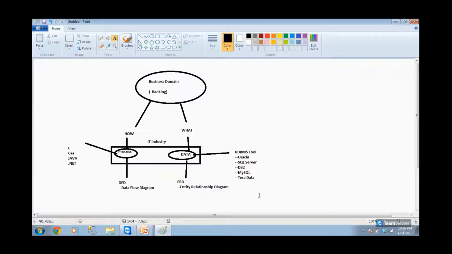But when you understand ERD, you should be able to clearly understand how the company's data is organized, what data a bank is capturing from an end user, and what data a bank is giving to the end user. All of them you can easily understand. Okay, so ERD is a diagram and DFD is also a diagram.